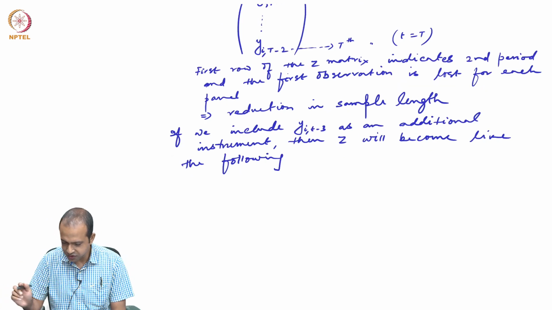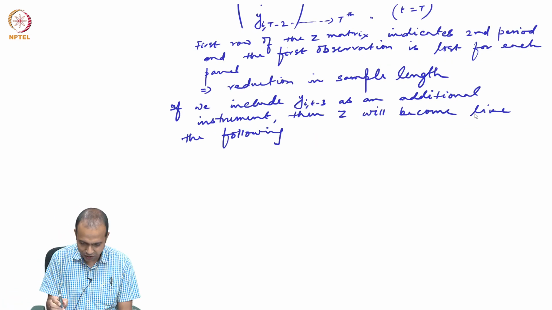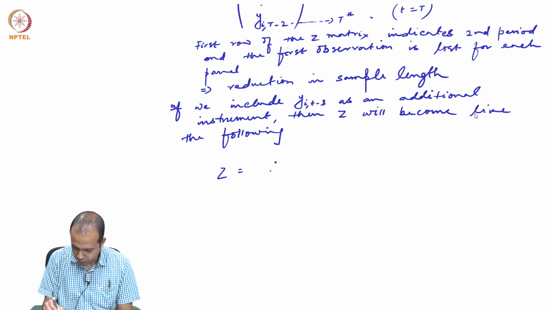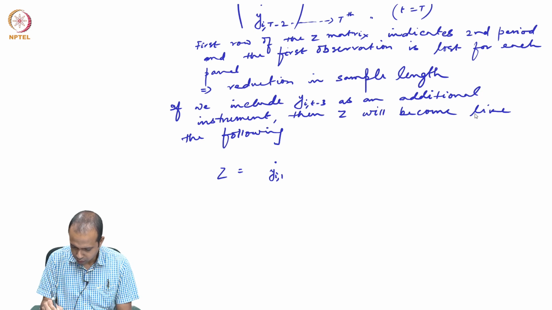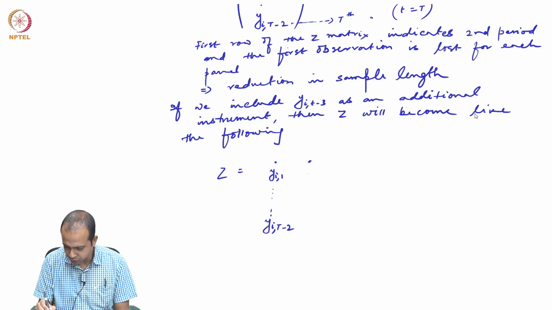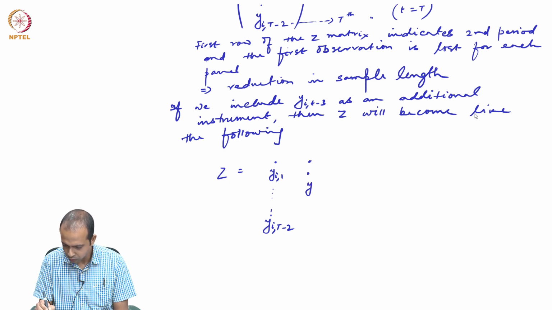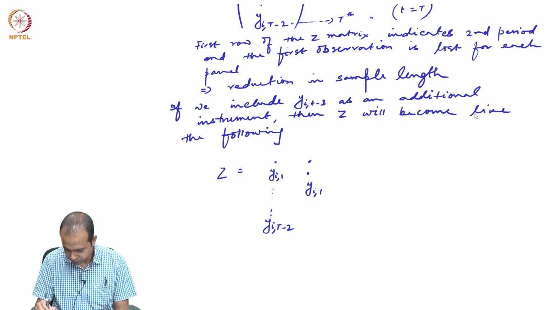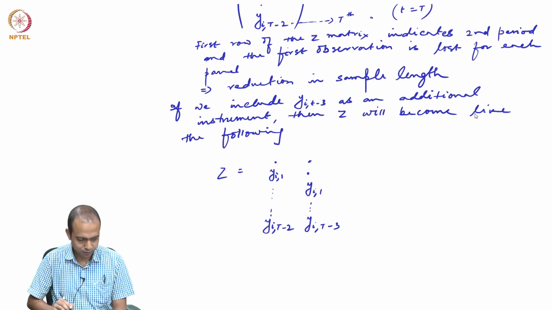This is YI1, the first case was YIT minus 2, and when you use the third lag also as additional instrument, we will lose one more observation, and then this will become YIT minus 3.